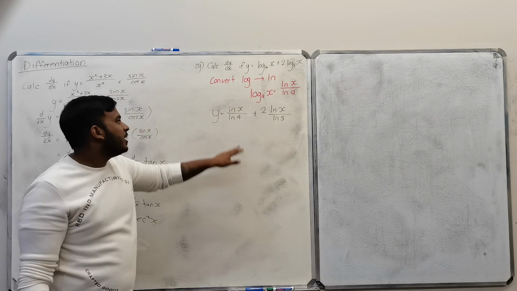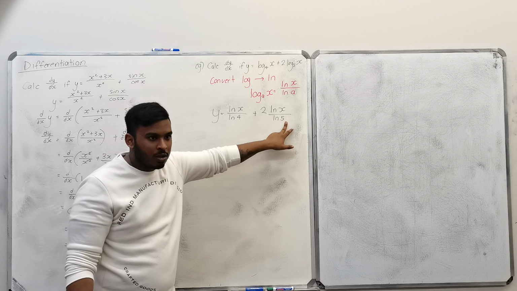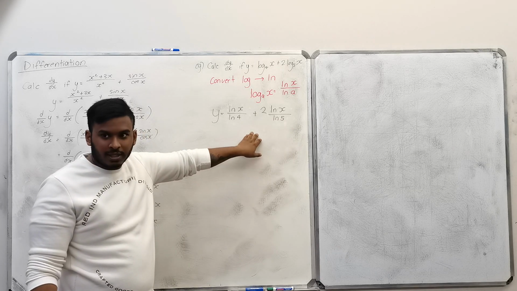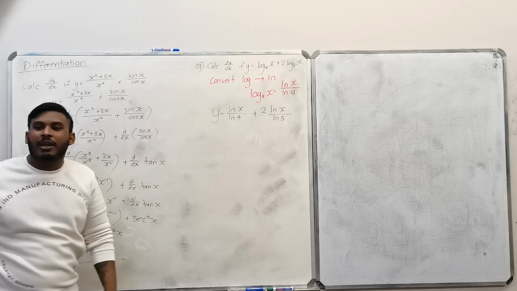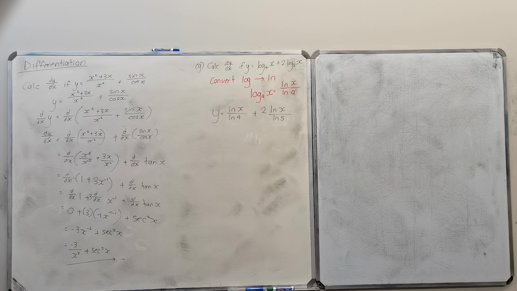This is a value which you will obtain from your calculator. You know where the ln button is, right? ln of 4 is 1.386.